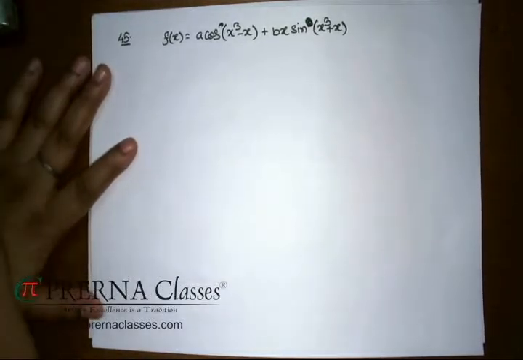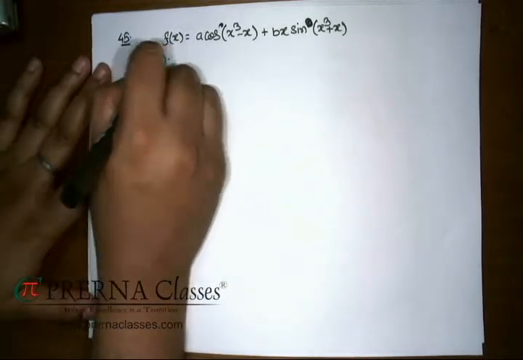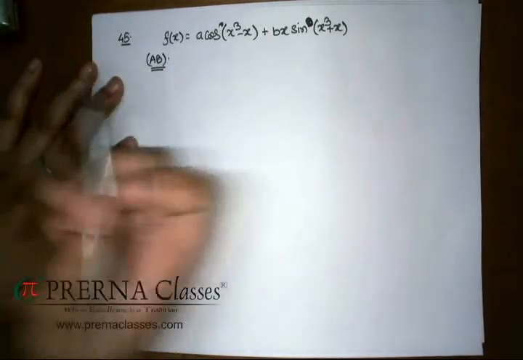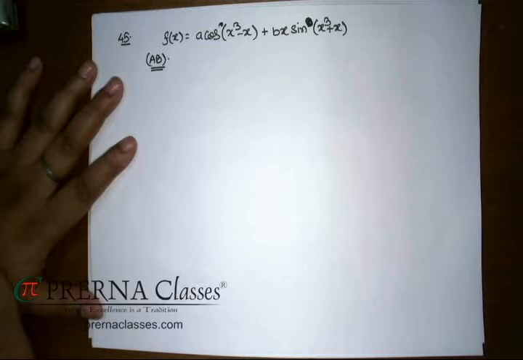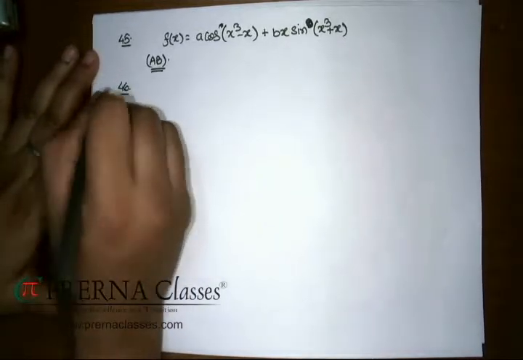Clearly this function is continuous everywhere, and is differentiable also everywhere. By this you can check that a and b are immaterial. You can take a and b anything, the function is going to be continuously differentiable. The correct options are A and B for problem 45.